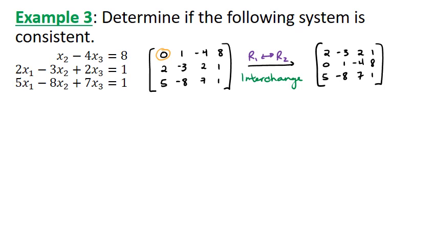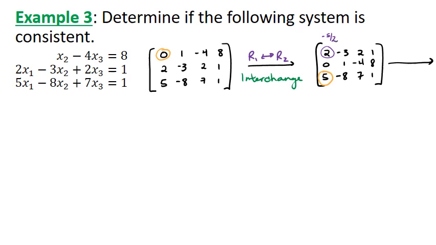The first thing I want to do is get rid of this. I want that to become a 0. And the only way I can make that a 0 is if I get some fractions involved, which is fine, don't freak out. What I'm going to do is multiply row 1 by -5/2.